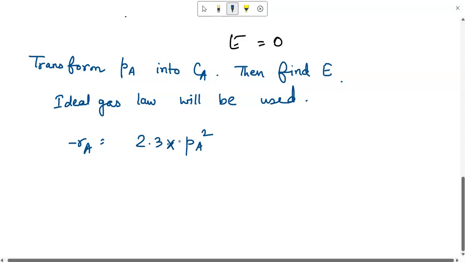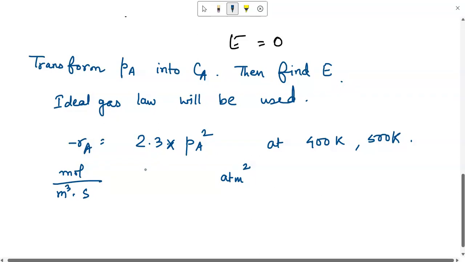This was our rate equation at either of those temperatures, at 400 Kelvin and at 500 Kelvin. The unit of rA is mole per meter cube second, and the unit of pA square is atmosphere square. So the unit of this k factor, or 2.3, is mole per meter cube second with atmosphere square in the denominator. Then you see this is dimensionally balanced.